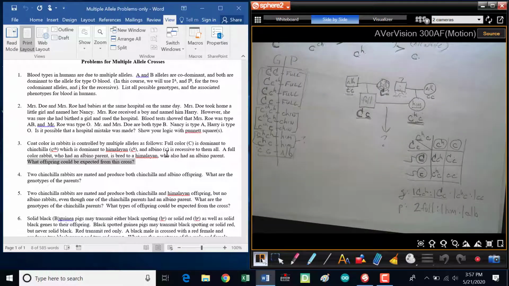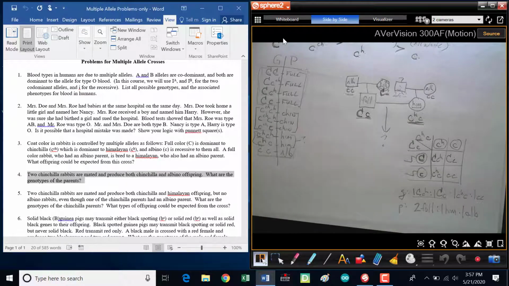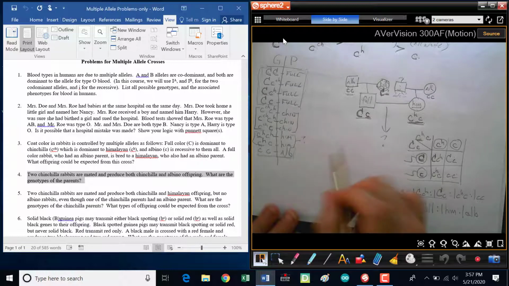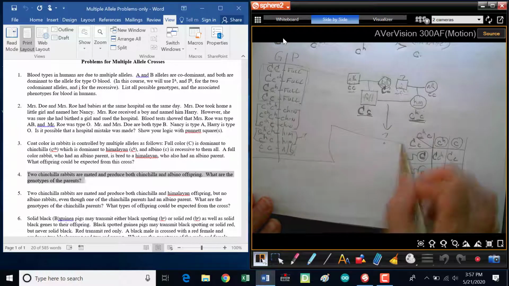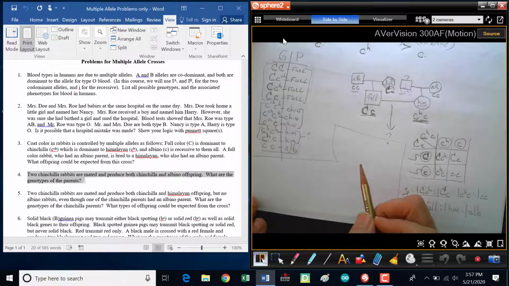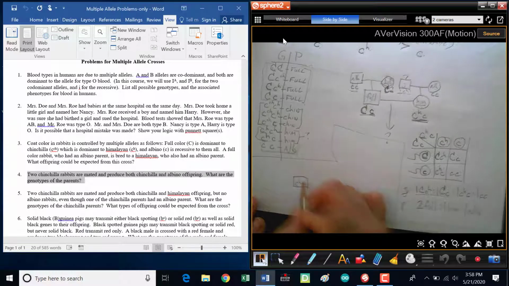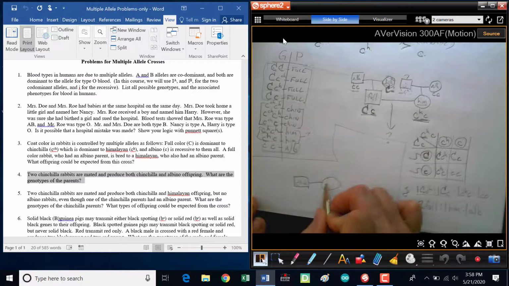Now, I'm going to work one more. Let's do number 4 here. It says 2 chinchilla rabbits are mated and produce both chinchilla and albino offspring. So it's a different problem, but it's still assuming you got rabbits with all these possible genes in them. And it says there are 2 chinchillas, a male chinchilla and a female chinchilla.